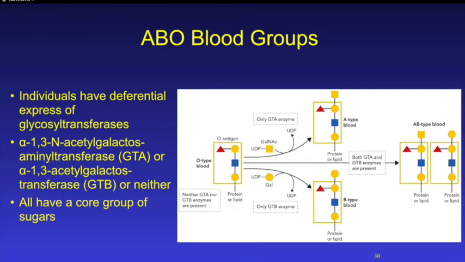Or you could have a working glycosyl transferase for the A version, and then you're going to make A-type blood. You could have the gene for the B-type transferase. You can have B, or you could have both of those. And so the genetics from your parentage will guide which ones are active in you.